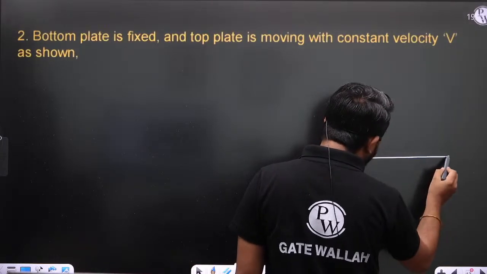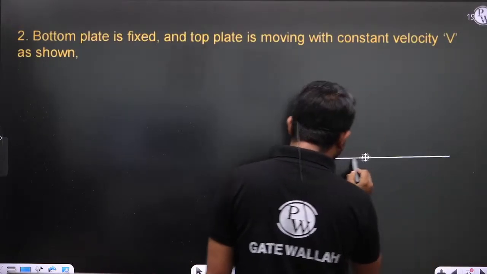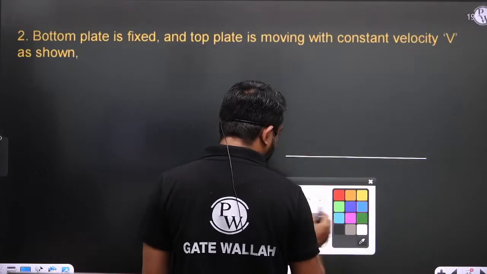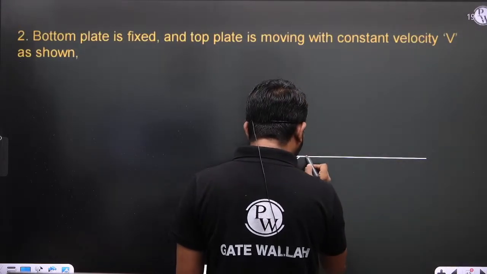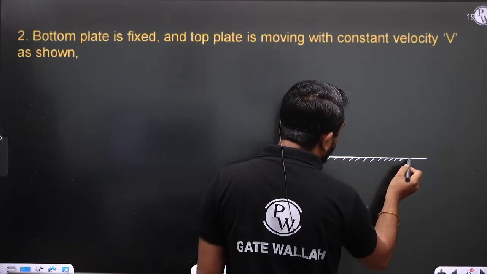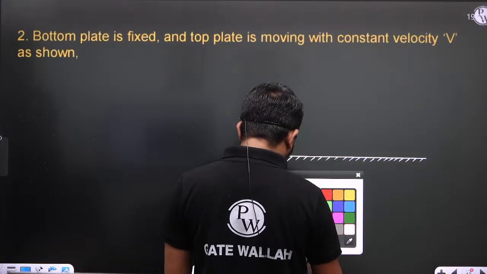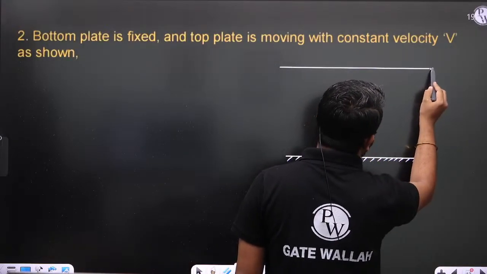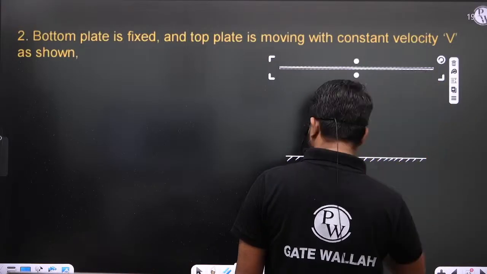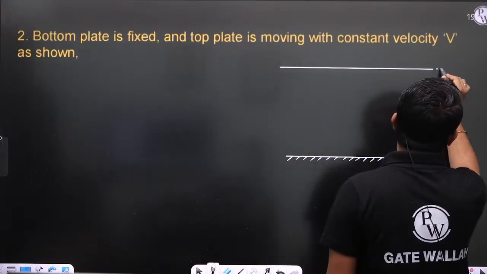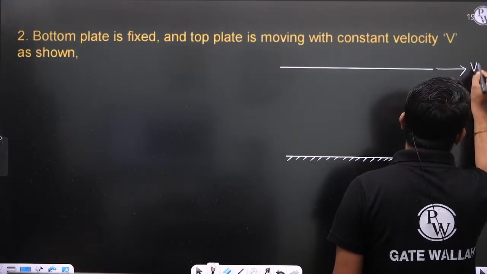So let us consider this is the bottom plate and this is the top plate. Top plate is moving with constant velocity v, right?